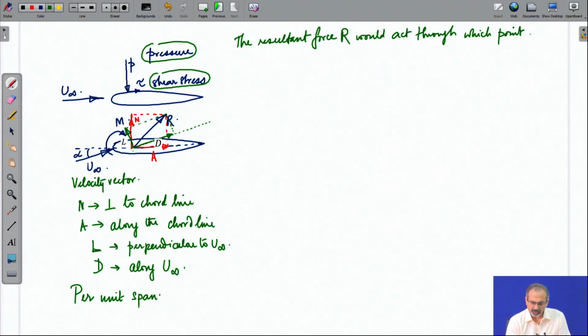Can we keep the location of this point arbitrary? That is not possible. So, we have to look deeper into this issue.